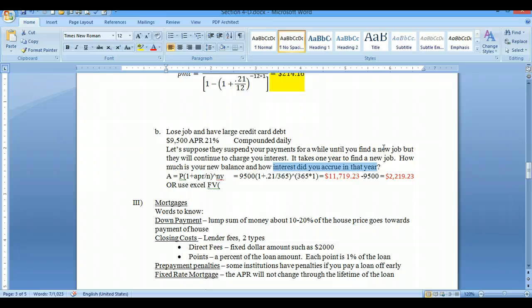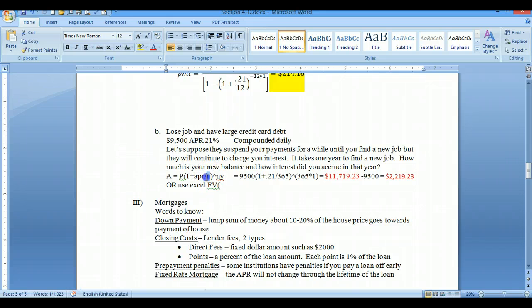Now you didn't have to pay anything on it, so that was kind of them, but you're still going to accrue interest. So we're going to go ahead and go back to our formula. A equals P times the quantity 1 plus APR over N to the NY. So our principal in this case is going to be the $9,500. APR is 0.21.